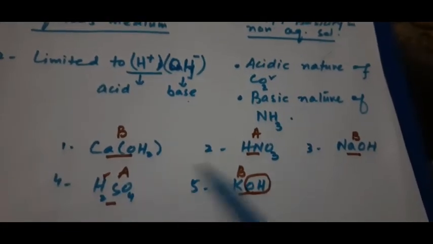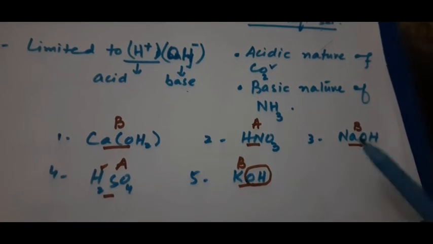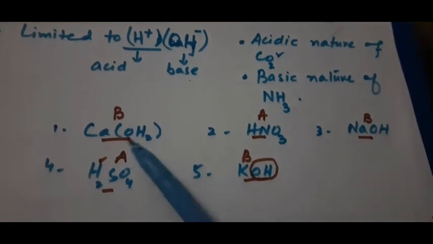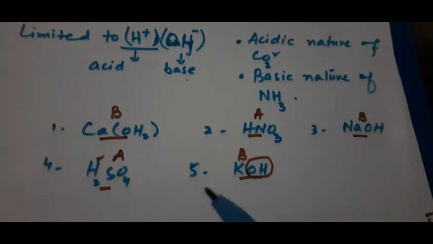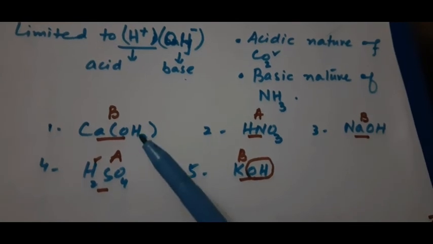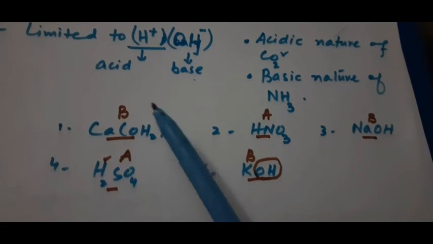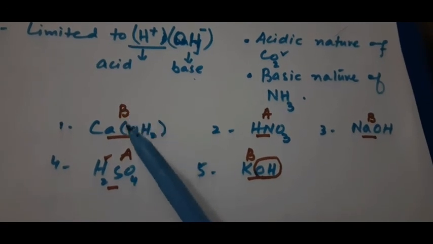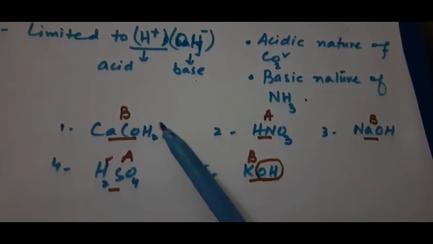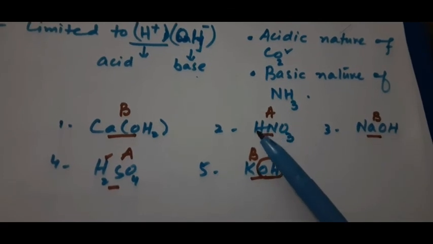Now I have chosen some examples which you can guess, whether they are basic or acidic in nature. Calcium hydroxide is basic in nature because it gives you OH ion. HNO3 is acidic in nature because it gives you hydrogen ion.